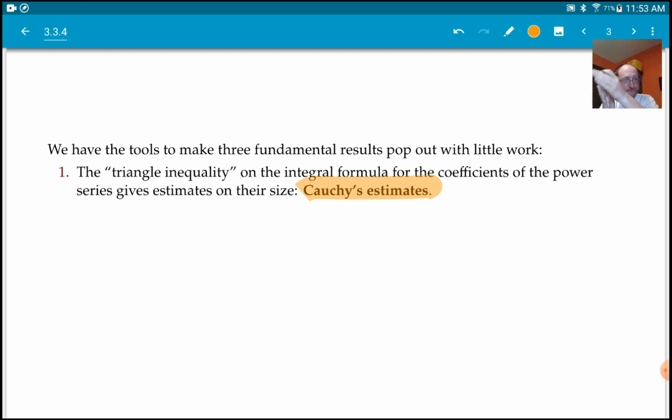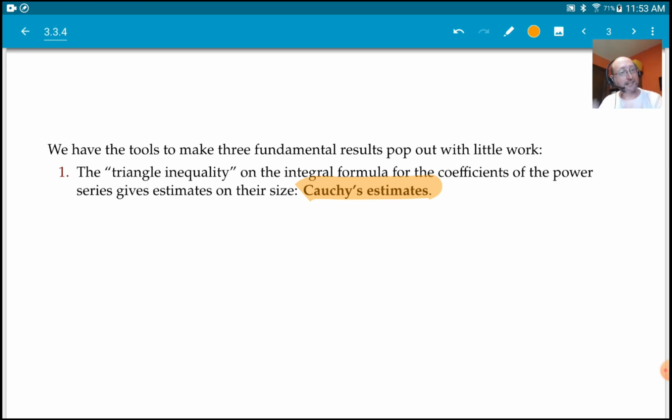So not just for the valued function, but for the coefficients of the power series, and we just do the obvious estimate on the integral and get Cauchy's estimates for the sizes of the coefficients, which are really given in terms of the derivatives.